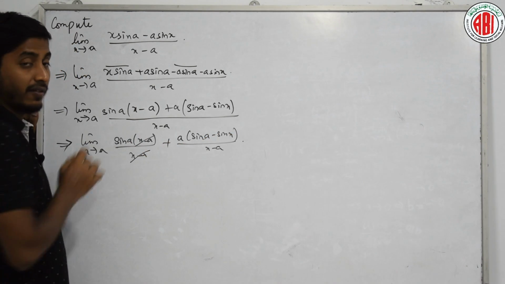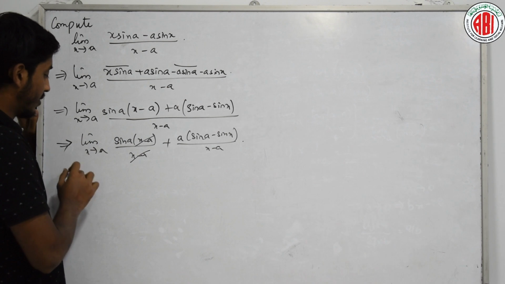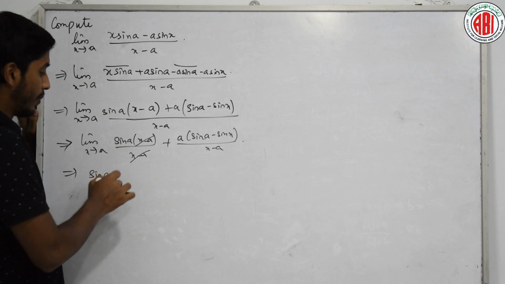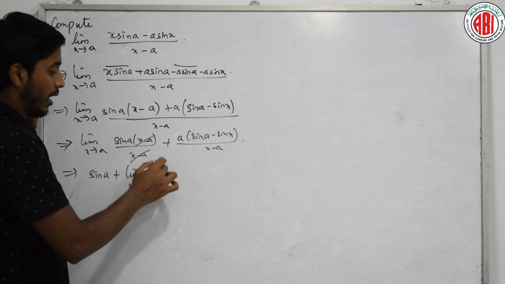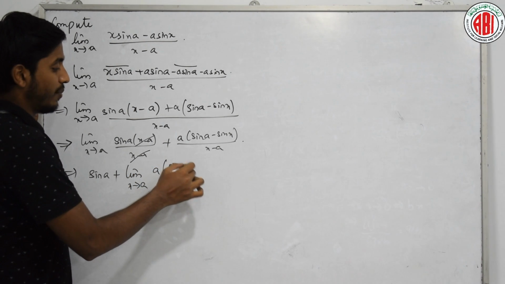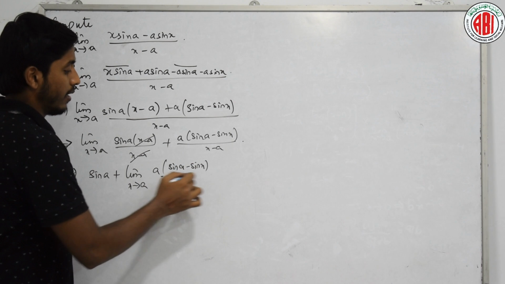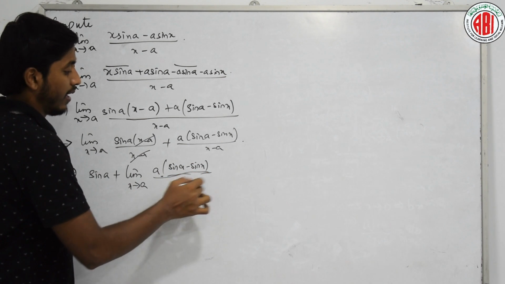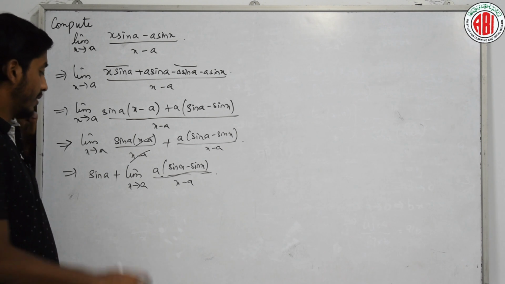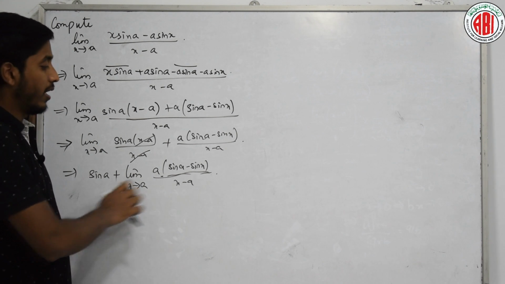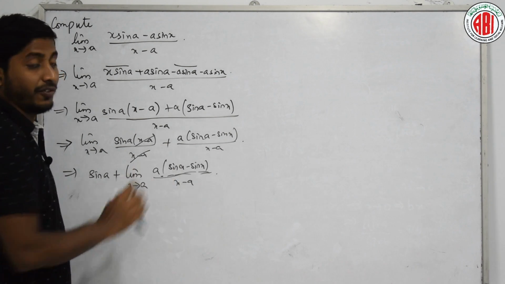x minus a will get cancelled. Sin a is constant, let us bring it outside. Plus limit x tends to a, a into (sin a minus sin x) by (x minus a). Is it okay? Did you understand? Here it is sin a. Here, sin c minus sin d formula, if you remember.